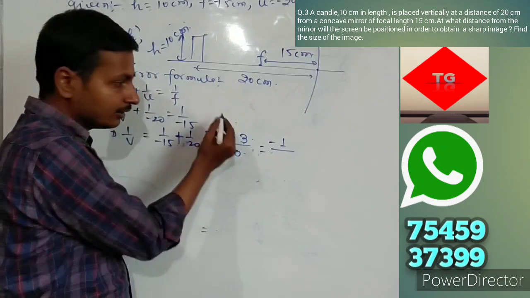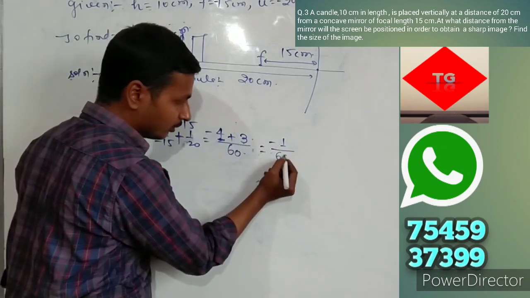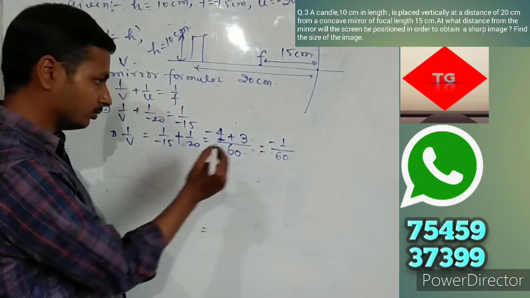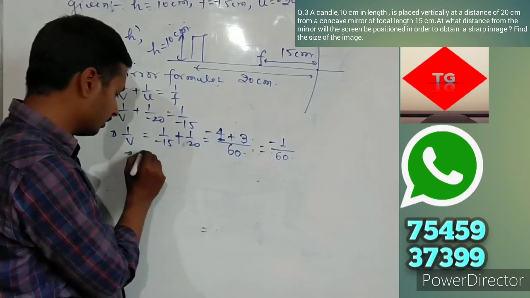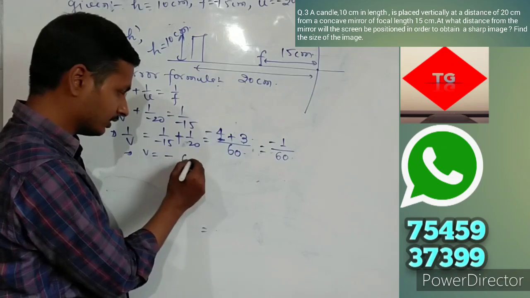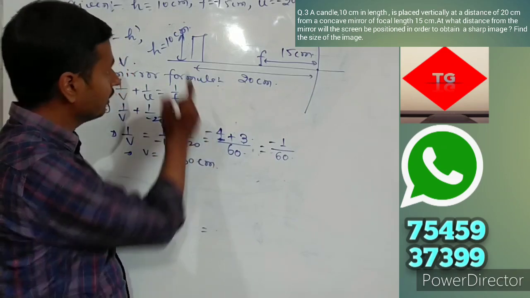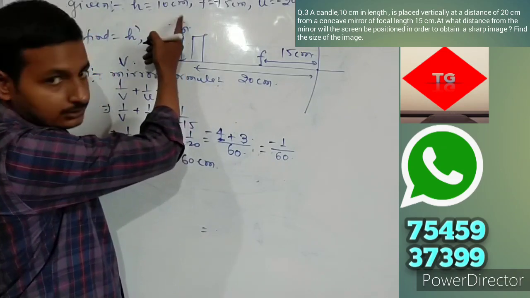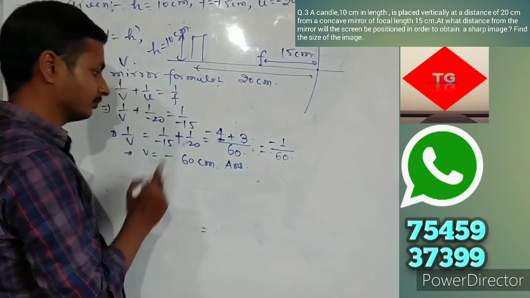So you will get minus 1 upon 60, and according to this the image distance v is minus 60 centimeter. This is the first answer.